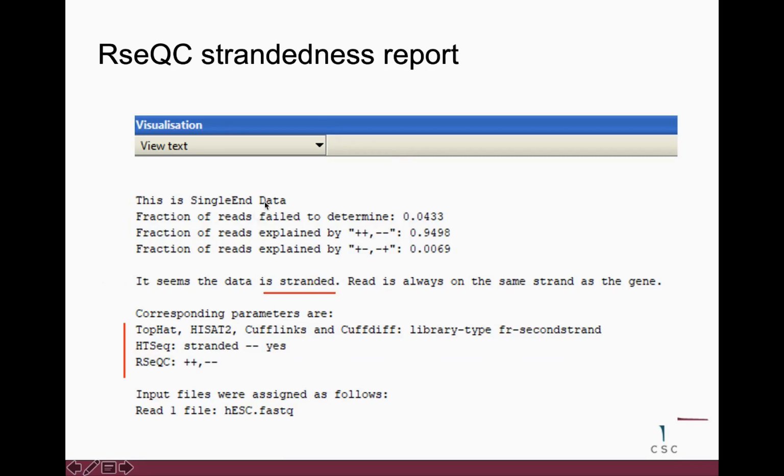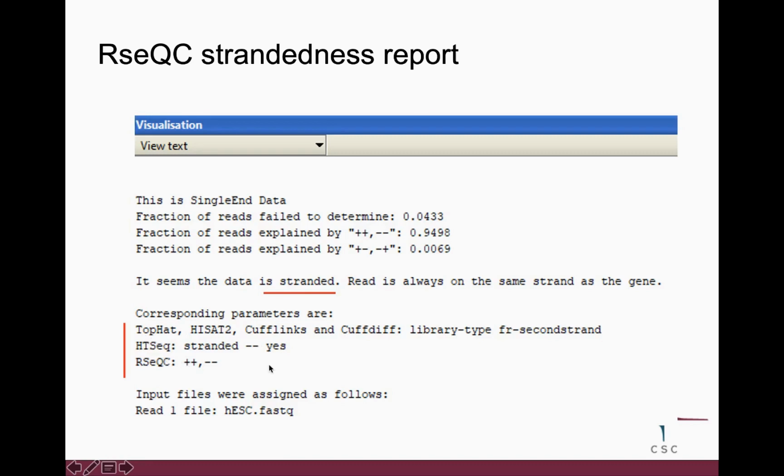In this case, the data was single-end, and 95% of the data shows evidence that the stranded library prep method was used. In this case, it seems that the read is always on the same strand as the gene, which means that these are the correct parameters in the following tools.